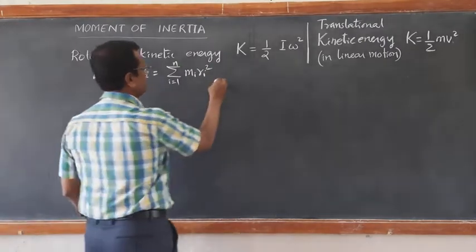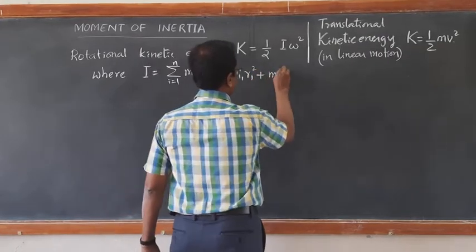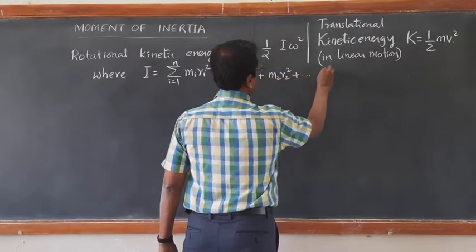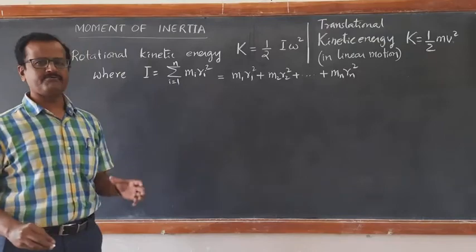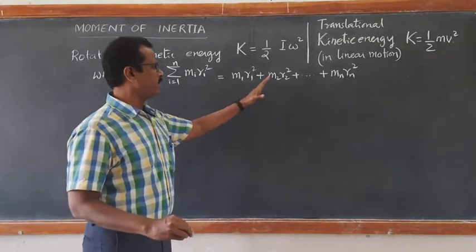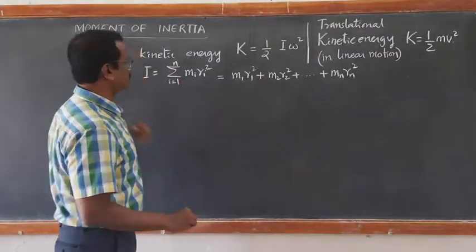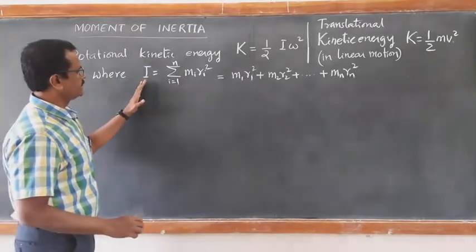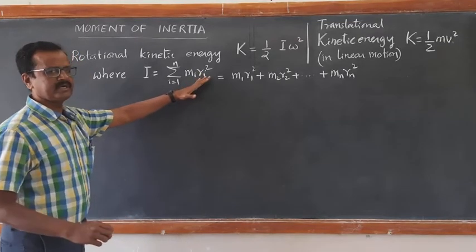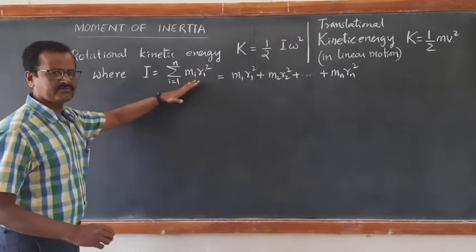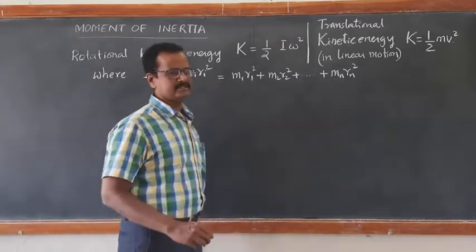This can be written in expanded form as m1 r1 square plus m2 r2 square and so on up to mn rn square, thinking that the rigid body has n number of particles having masses m1, m2, m3 and so on up to mn. So this is the equation for the moment of inertia: the summation of the product of mass and square of the distance from the axis of rotation, from i equal to 1 up to n.